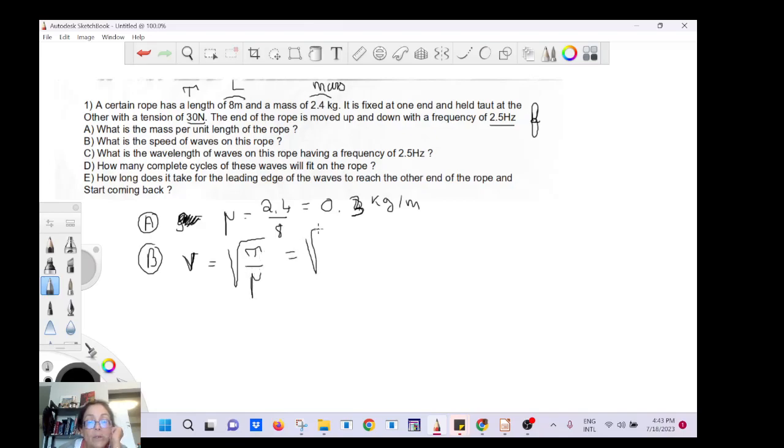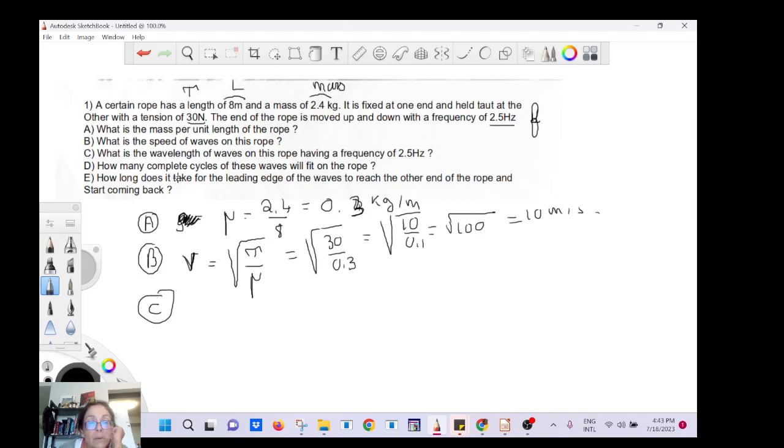So it's going to be the square root of 30 divided by 0.3. So it's going to be 10 divided by 0.1. So it's going to be square root of 100, which is 10 meters per second.